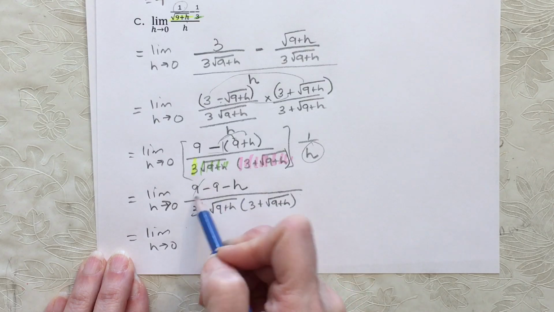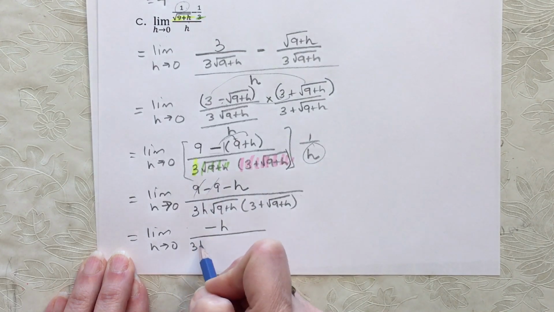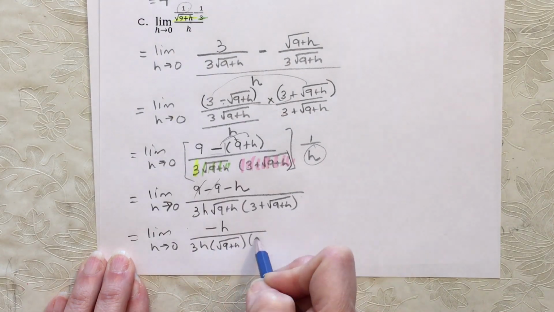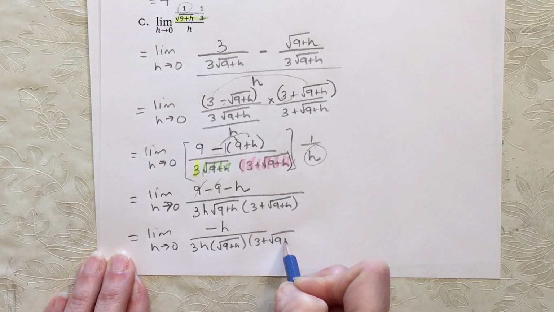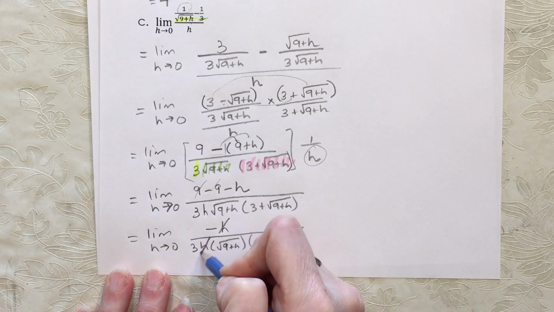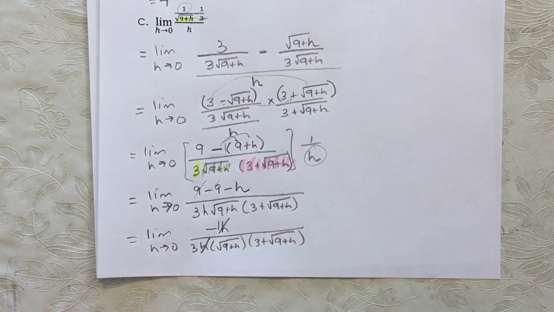So now the 9 minus 9 goes, and I'm left with negative h in the numerator, still this whole big denominator. And finally, these h's will divide out, leaving me with negative 1 in the numerator.